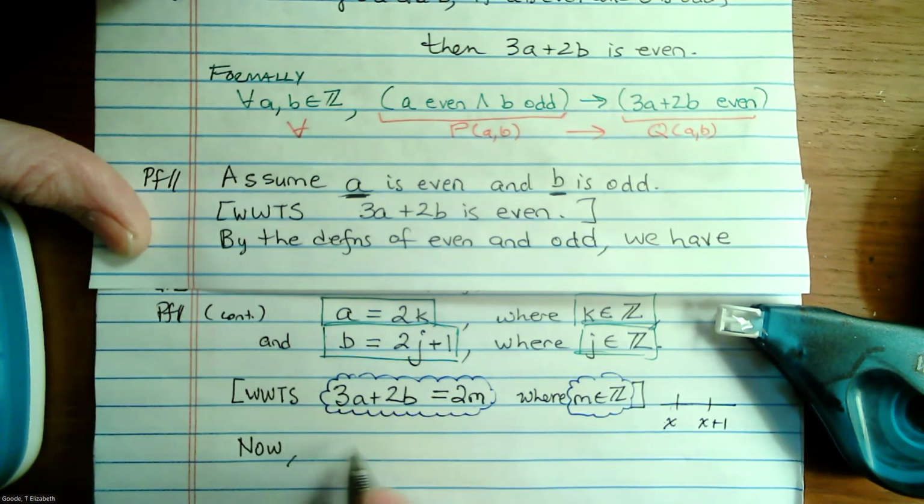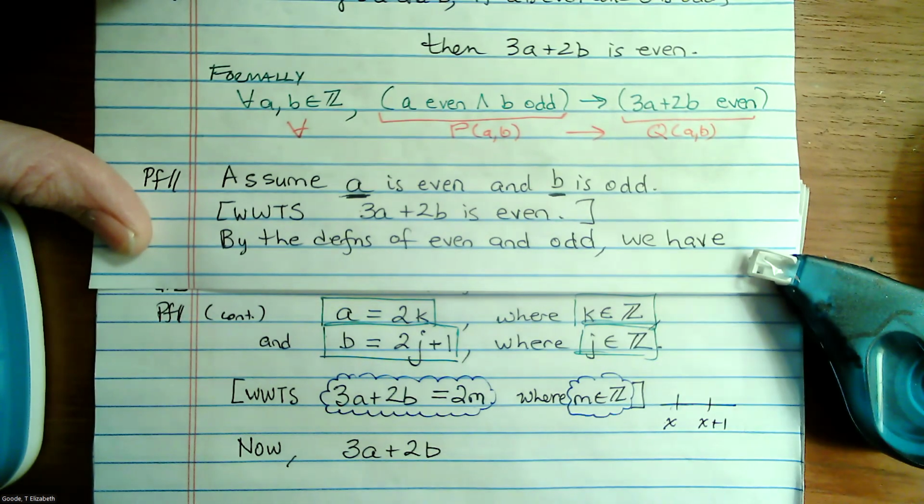Let's do it. What is 3a plus 2b now? I wrote 3a plus 2b equals 3 times 2k plus 2 times 2j plus 1. Great.